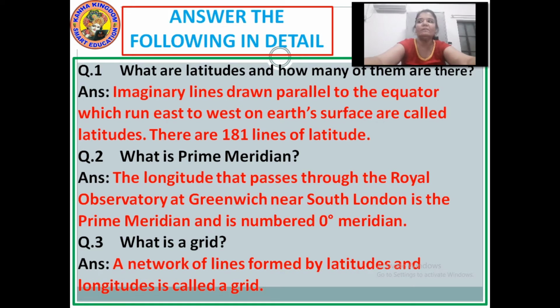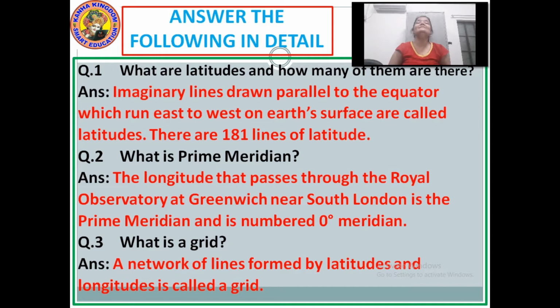Answer: imaginary lines drawn parallel to the equator which run east to west on Earth's surface are called latitudes. Now further it is asking how many of them are there.